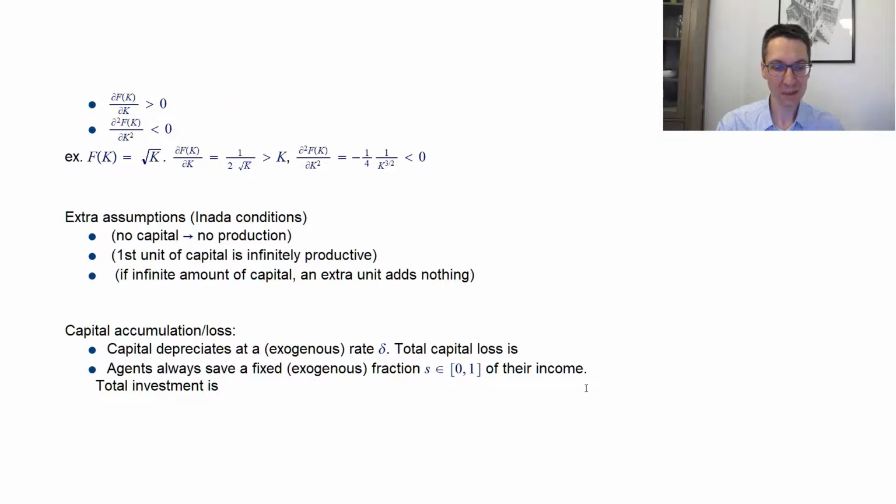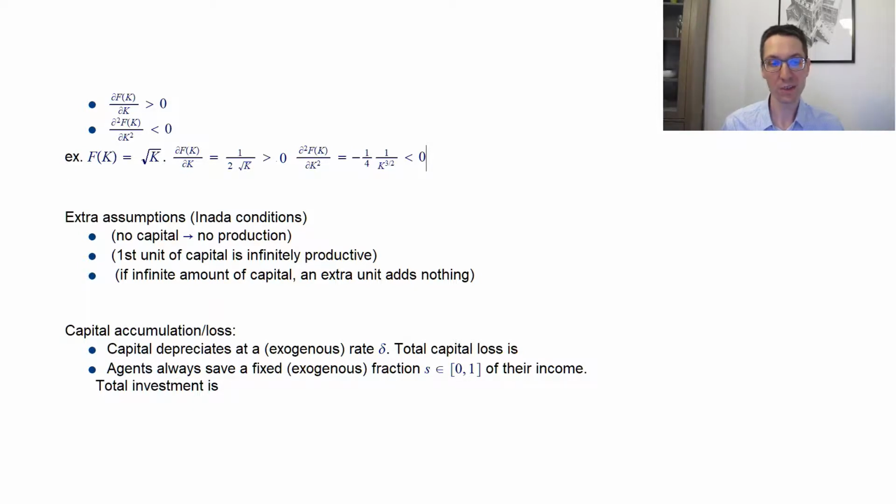So now let me add some extra assumptions. These assumptions are called Inada conditions. They are necessary if I want the model to be well behaved, and by that I mean to be sure to have one equilibrium, and that this equilibrium is unique. For now it's abstract, you don't really know what I'm talking about, but once we see what happens graphically, everything is going to be very clear.